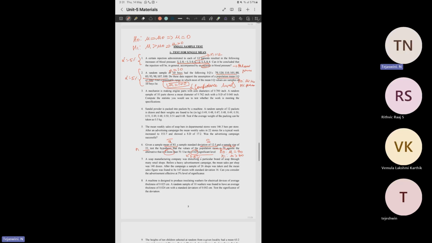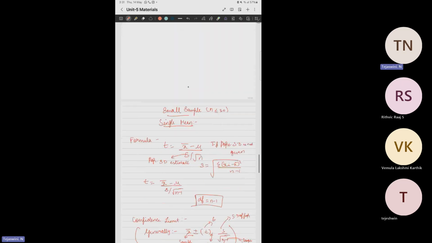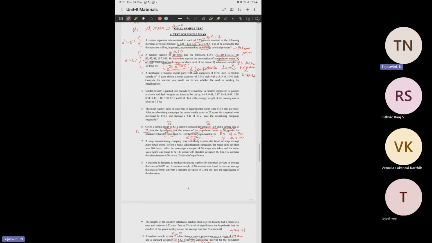So we will use the two tail test, and the value of t will be for 5% level of significance with degree of freedom 10 minus 1 equal to 9.